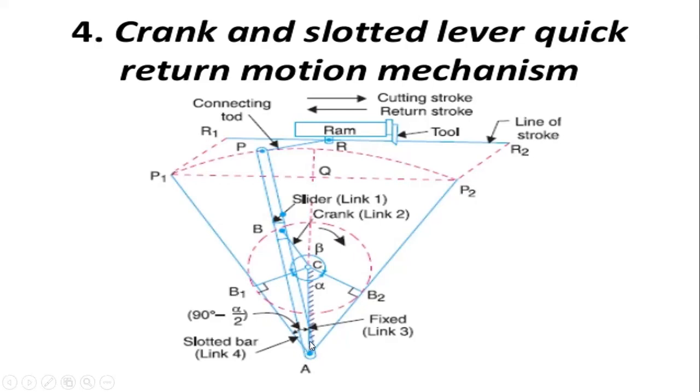So total 4 links. We have to fix one link among the total 4 links, that is why we are fixing the AC position. So these are the four links.